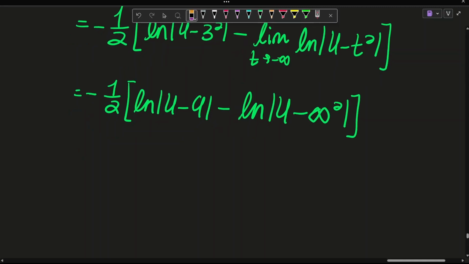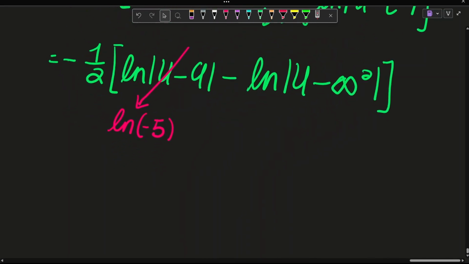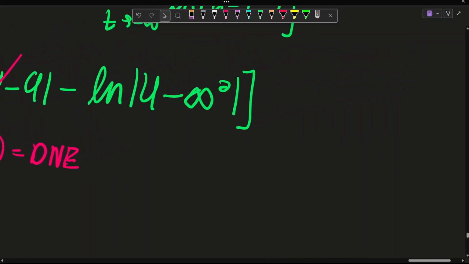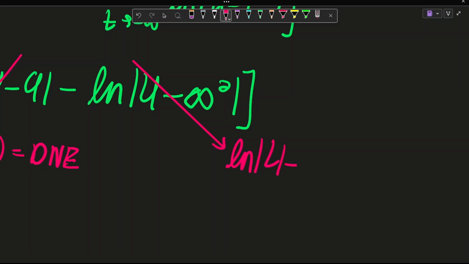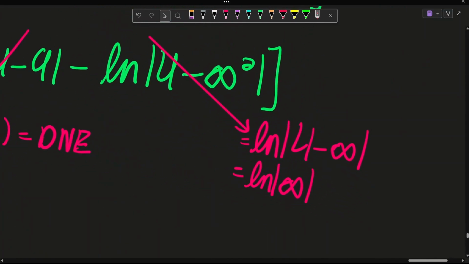Now, this evaluates to the ln of negative 5, but we keep the absolute values, just for safety. Which does not exist. And this is the ln of 4 minus infinity, which is equal to the ln of infinity, which, if you want to look at it, goes towards 0.